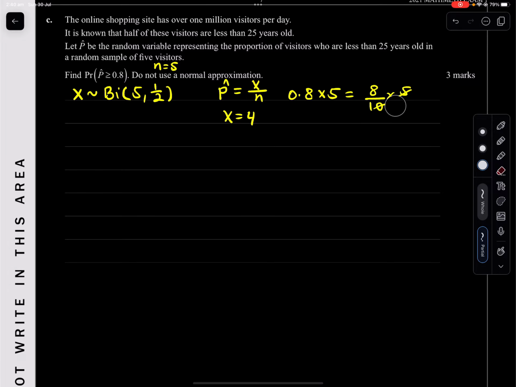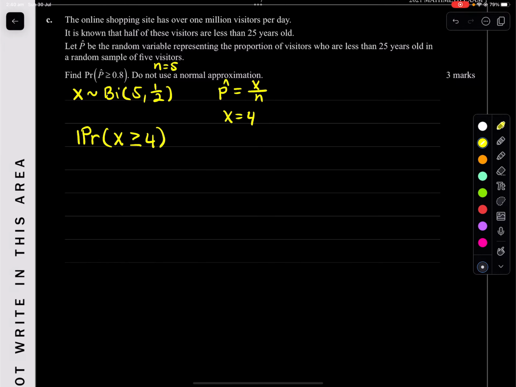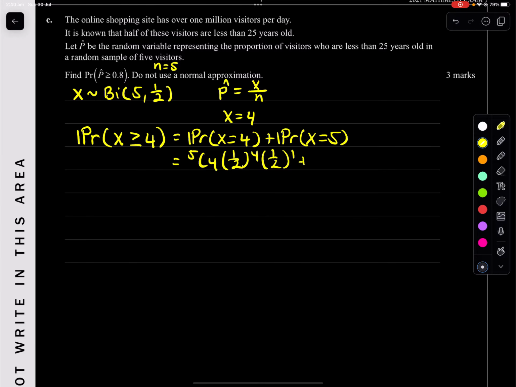Okay, so we want to find the probability of X greater than or equal to 4. That will be the probability of X equals 4 plus the probability of X equals 5. So our N value is 5, choose 4, probability of success is half, so half to the 4, half to the 1, plus 5 choose 5, half to the 5, half to the 0.